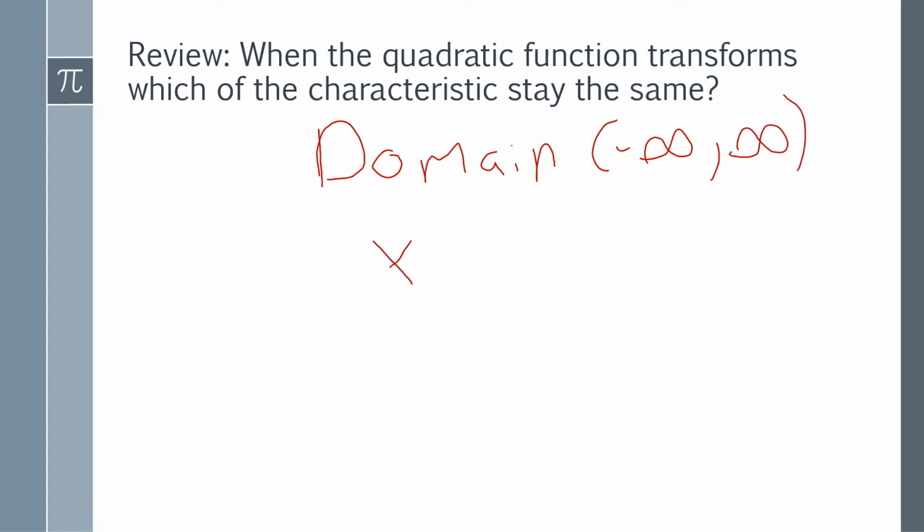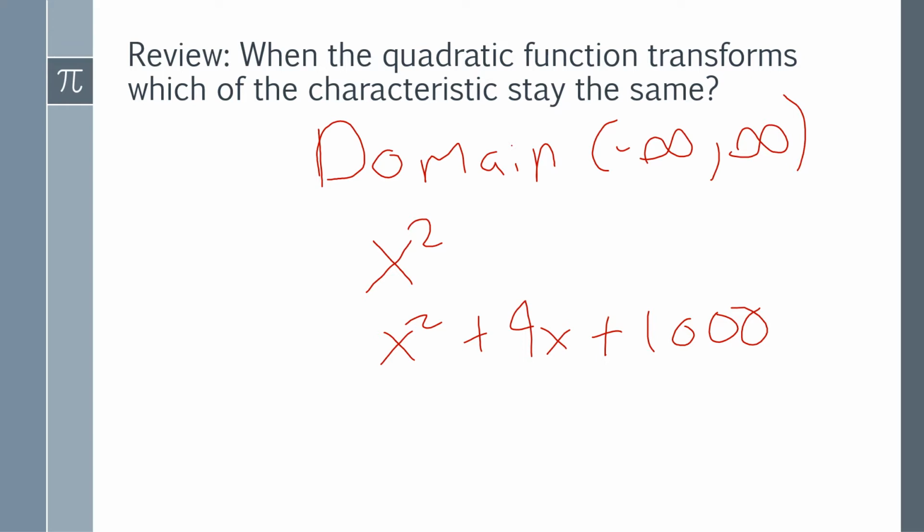It doesn't matter if you write x squared, it doesn't matter if you write x squared plus 4x plus 1,000, doesn't matter how you write it. The characteristic that always stays the same is the domain.